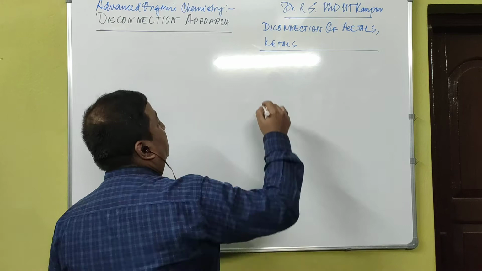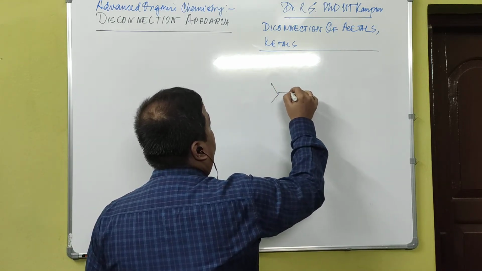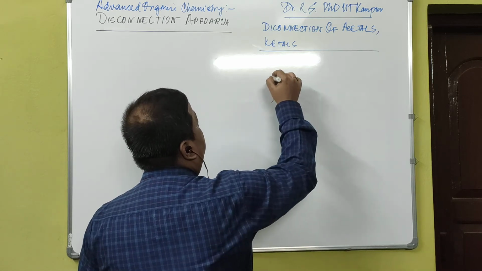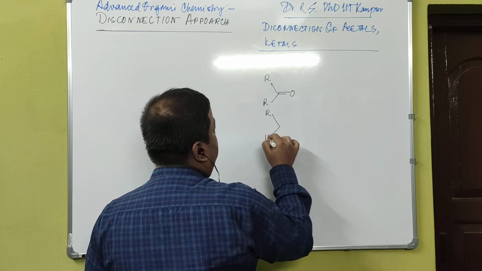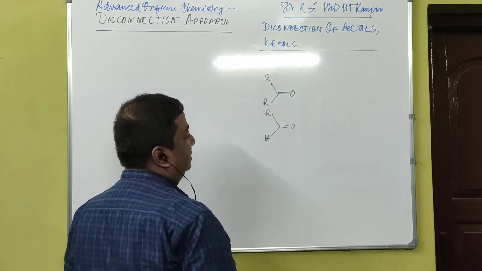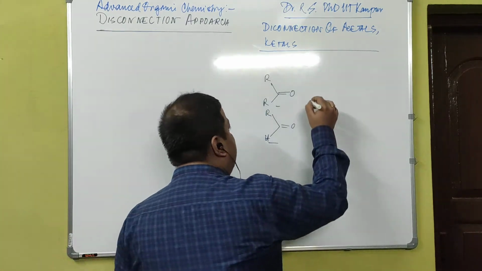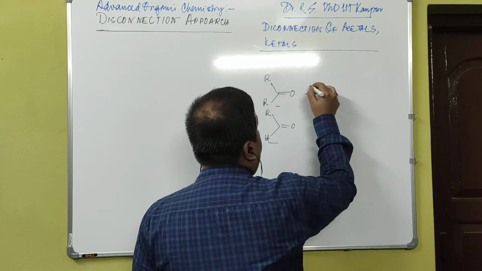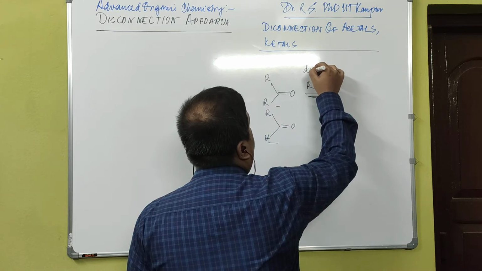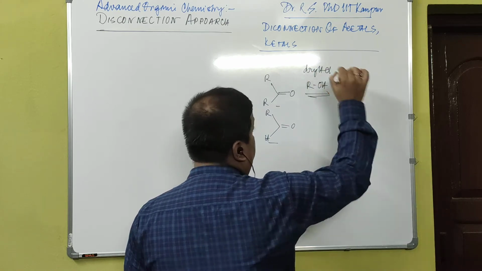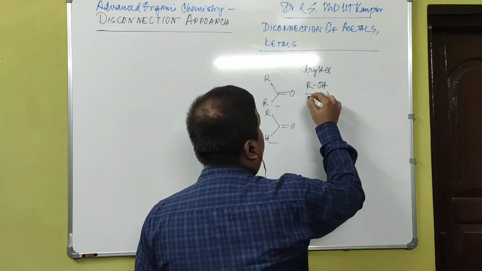Okay. Now we know when you have an aldehyde, you have something like R, H, and a ketone like this, R and R. So this is your aldehyde, that is your ketone. If you react this with excess amount of alcohol in dry HCl, mind it is not aqueous HCl, okay, and this is in excess amount.